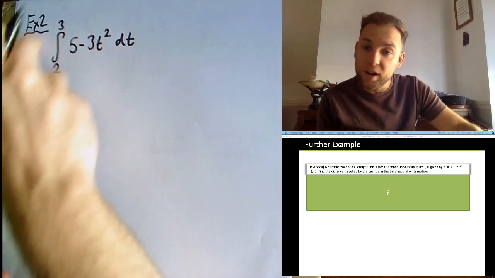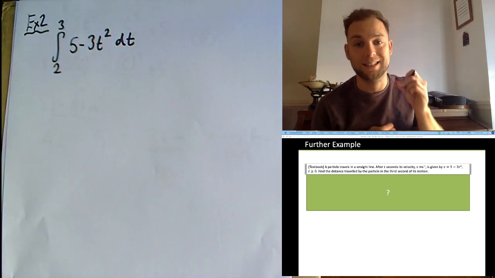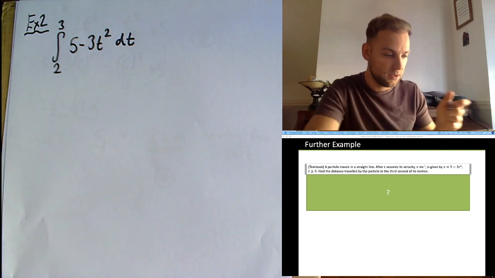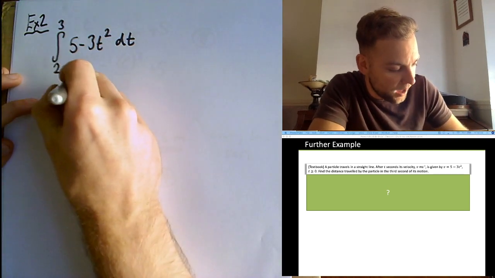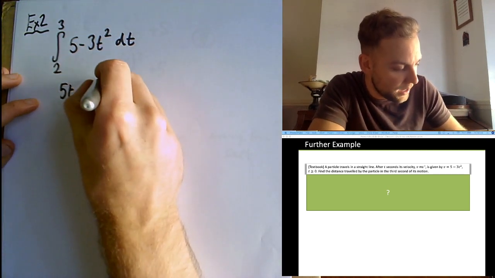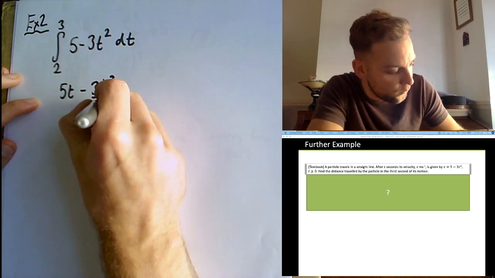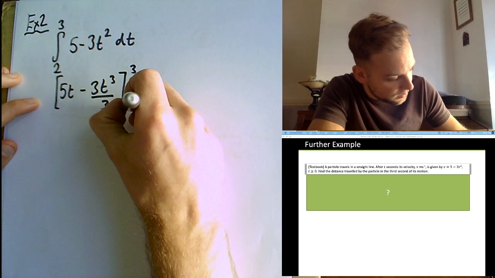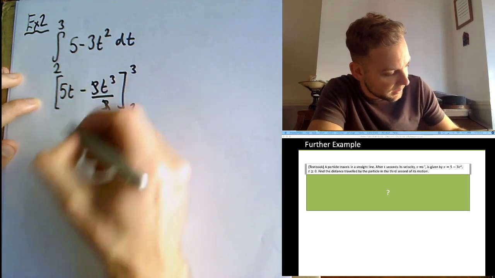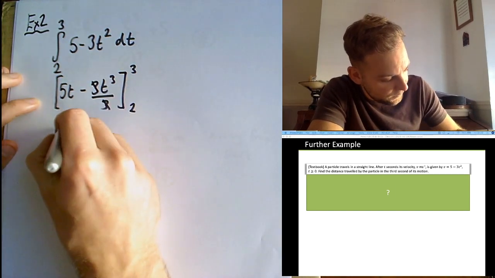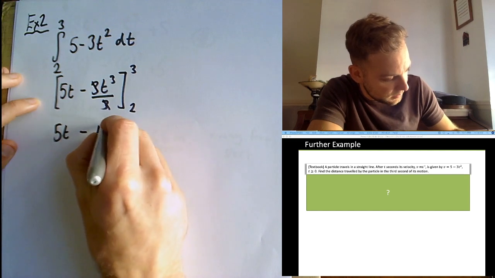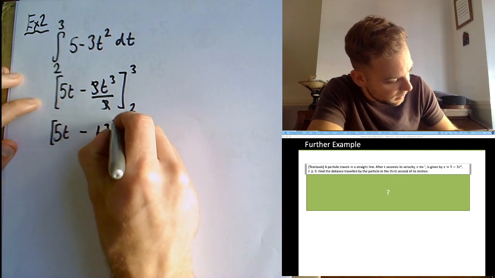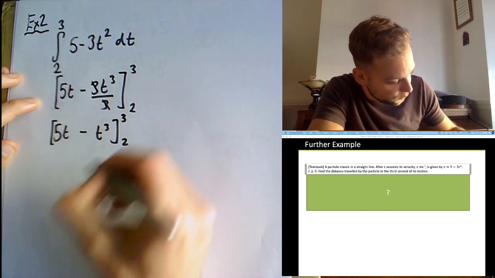And remember, when we're integrating like this, you don't need c, because the c's will cancel out. So let's integrate this now. It's going to be 5t minus 3t cubed over 3 between 3 and 2. That 3 is going to cancel. You end up with 5t minus t cubed between 3 and 2.